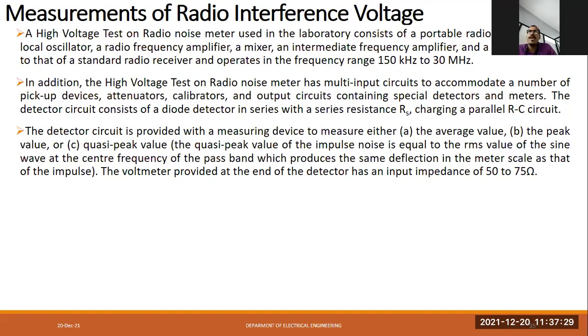There may be a portable radio receiver with its local oscillator, a radio frequency amplifier and a frequency mixer, so the intermediate frequency amplifier will detect the same waves generated by the radio waves, and we check whether it is operating in a frequency range of around 150 kilohertz to 30 megahertz.